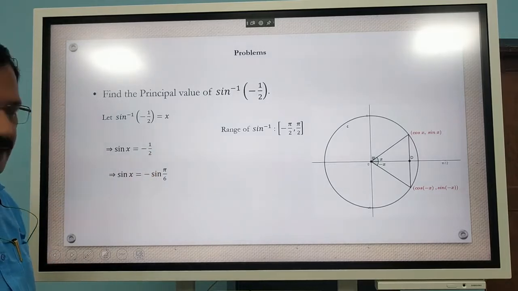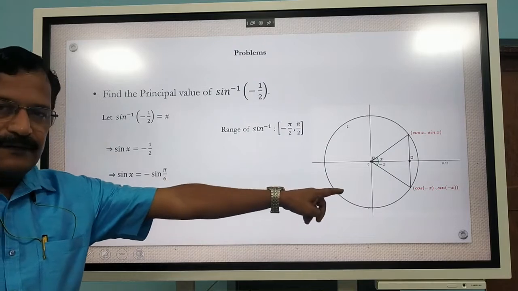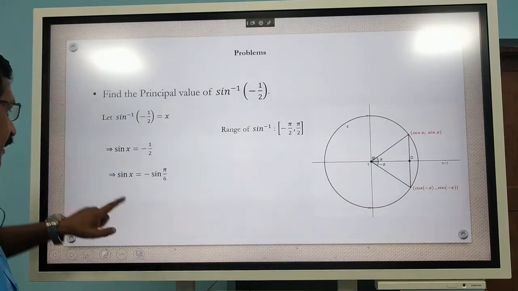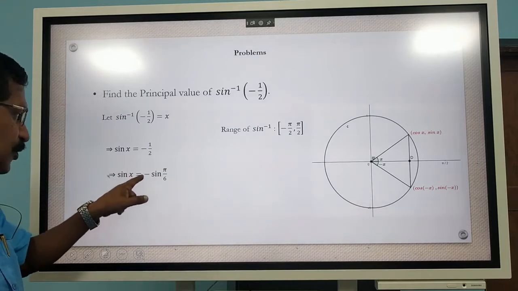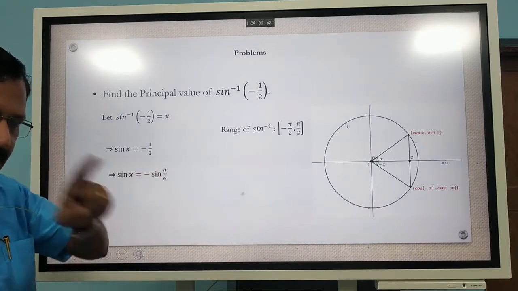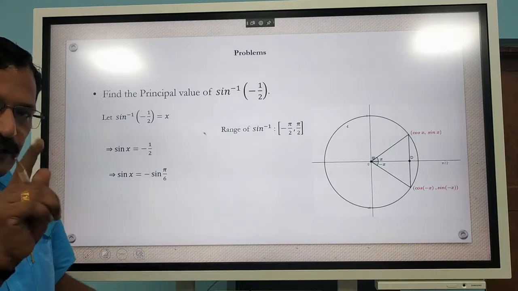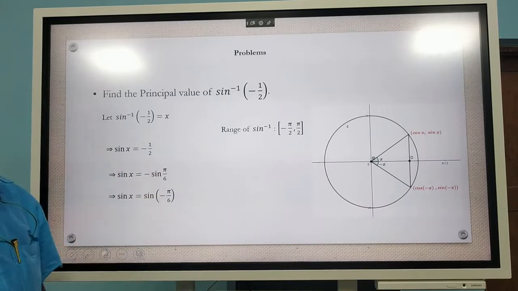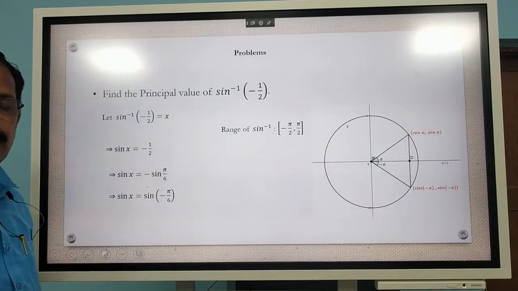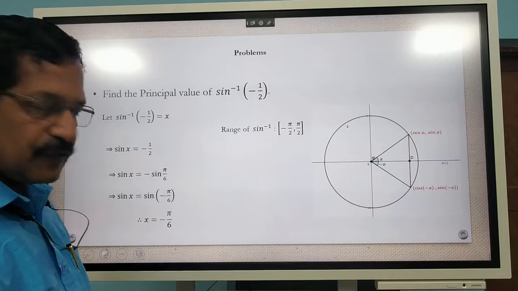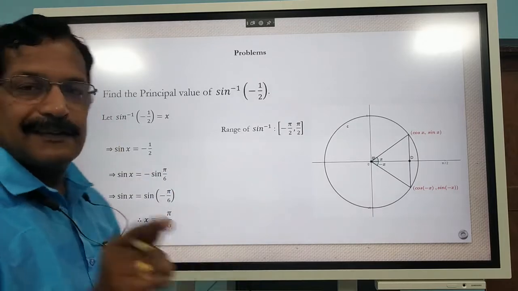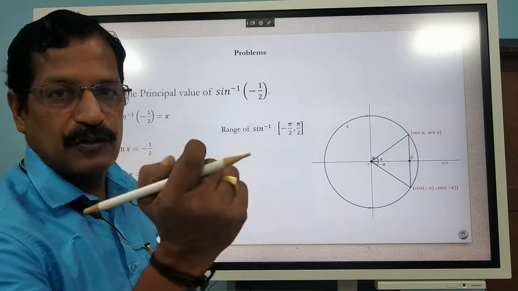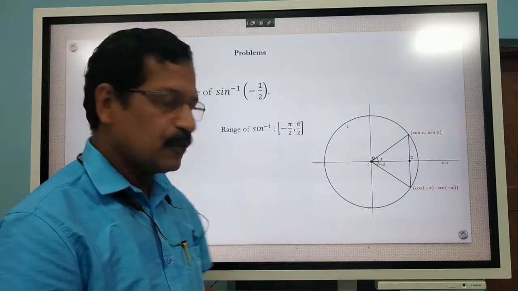By the same condition, sin x is equal to minus sin pi by 6, which implies sin x is equal to sin of minus pi by 6. So x is equal to minus pi by 6, because the range of sine inverse is the closed interval minus pi by 2 to plus pi by 2. So we got that answer.